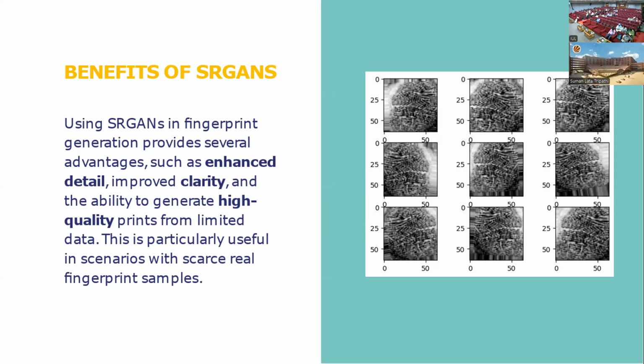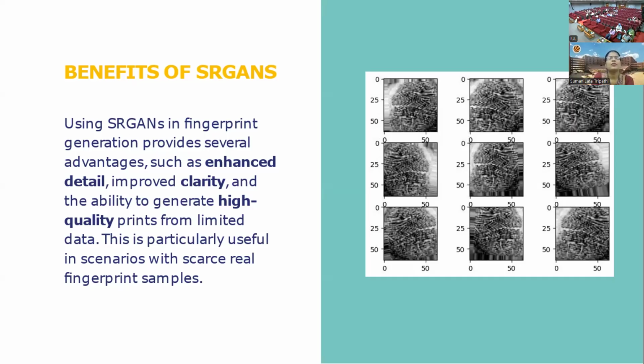The detailed information and clarity are there, and there is high quality of the data, because fingerprint is a biometric that requires high quality data, since it stands unique for a unique subject.